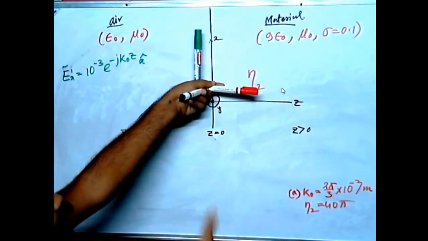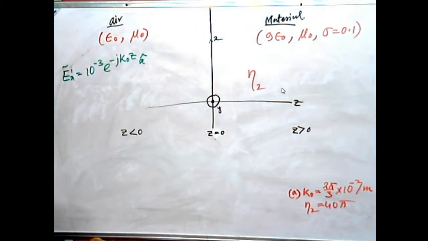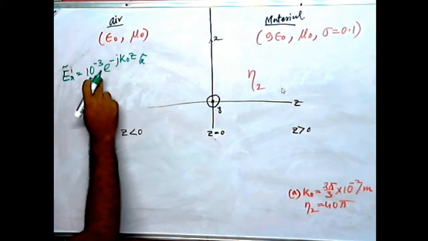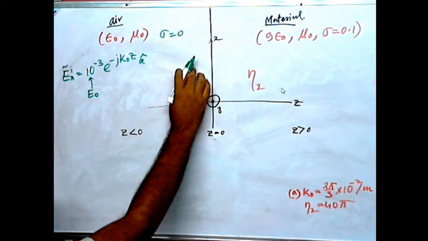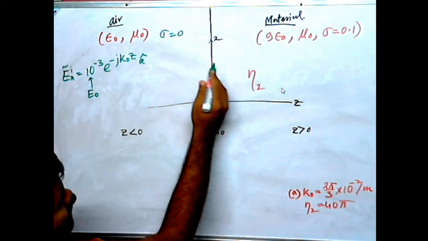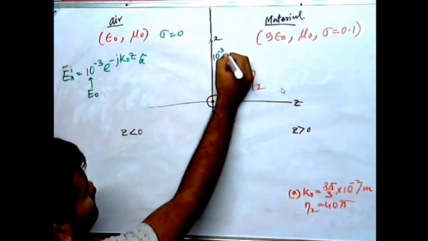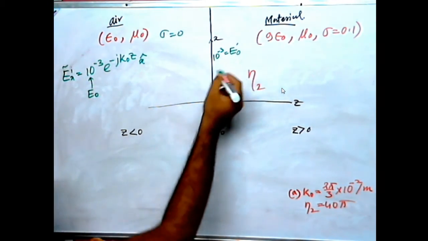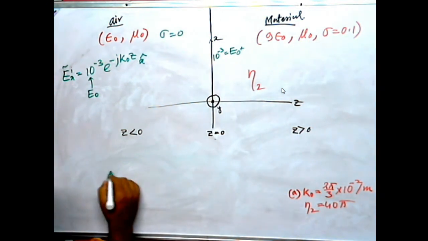So E0 here is 10^-3, and sigma is 0 in air, so it is not attenuating. At z = 0+ it will also be 10^-3. So you can easily find the conduction current density.